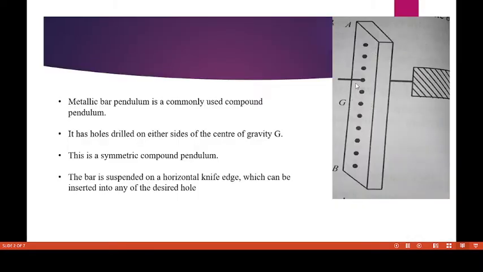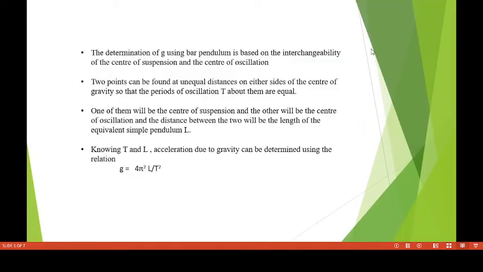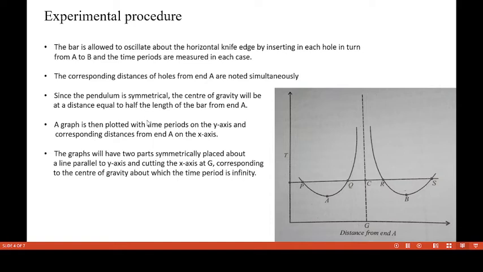We are inserting the knife edge through each hole and finding the period of oscillation about each hole, starting from the end A. The corresponding distances of holes from end A are noted simultaneously. Since the pendulum is symmetrical, the center of gravity will be at a distance equal to half the length of the bar from end A, which we have already seen.